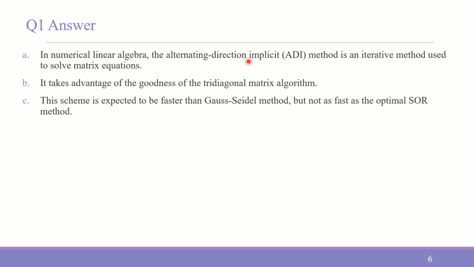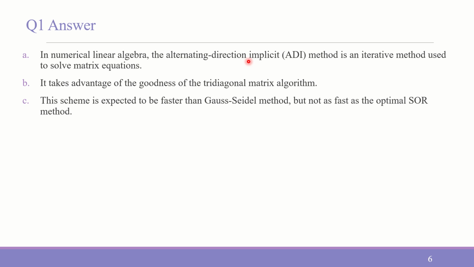And lastly, the scheme is expected to be faster than the Gauss-Seidel method, but not as fast as the optimal SOR method. So this scheme, alternating direction implicit, is observed to be faster than Gauss-Seidel, but not as fast as optimal SOR. Optimal SOR, when optimized with the correct parameters, will give the fastest solution.